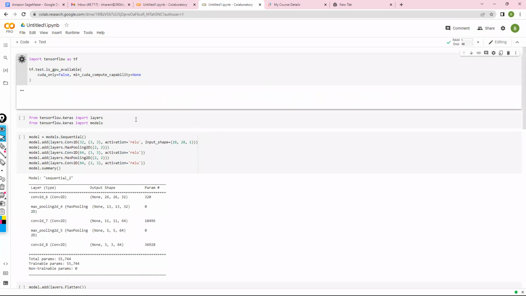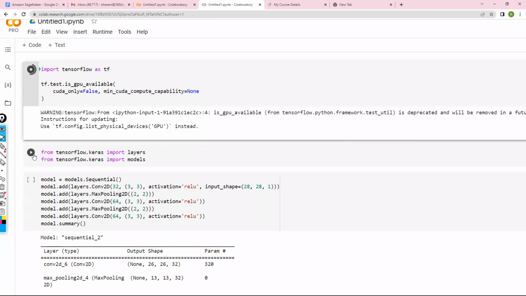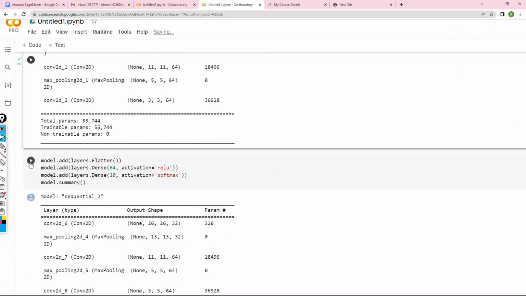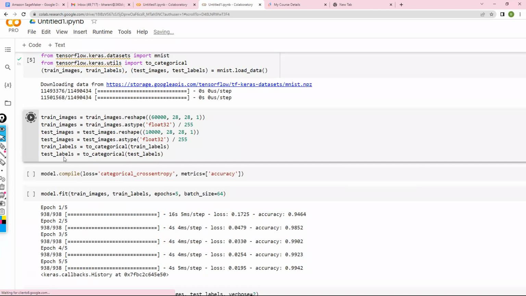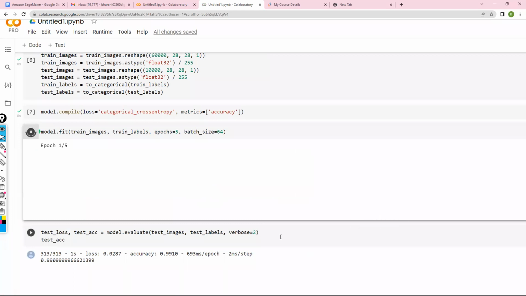Well, let me run. Once it connects, it'll be faster. Yeah, you have all the modules. Now I'm going to import the data set, do the data pre-processing, compile the model, and fit the model. Okay, let it come up. For GPU to be assigned, it's taking time.